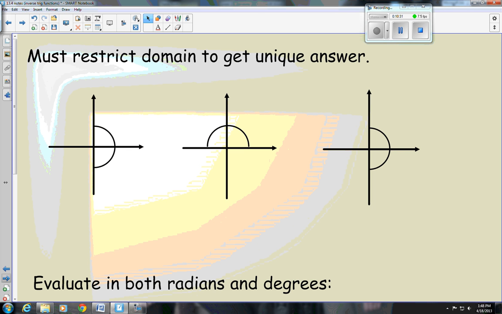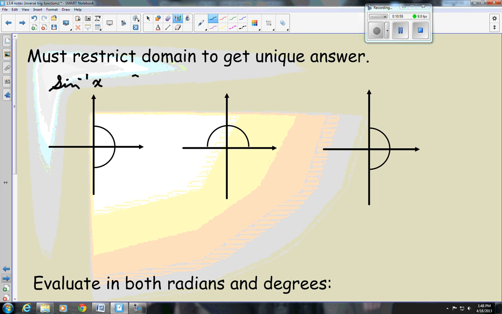Okay, so now here's the part you need to write down. This is what you need to remember for your notes. Okay, so we have to restrict our domain to get a unique answer. So for the sine, the inverse sine of x equals theta.